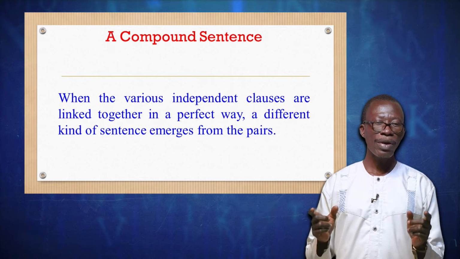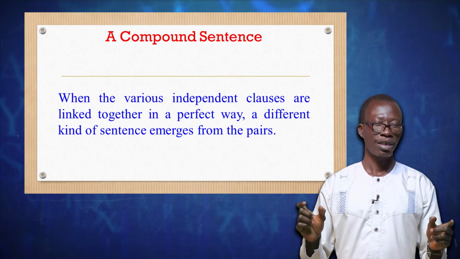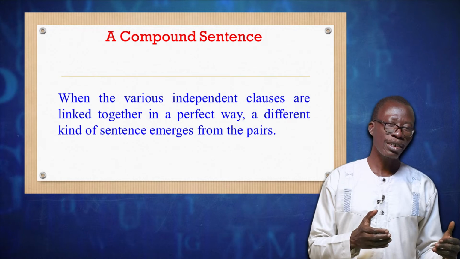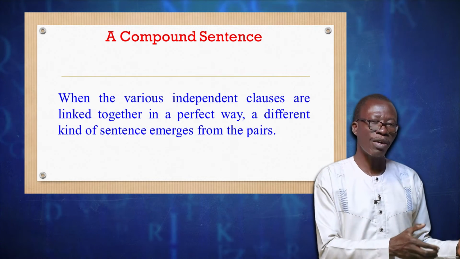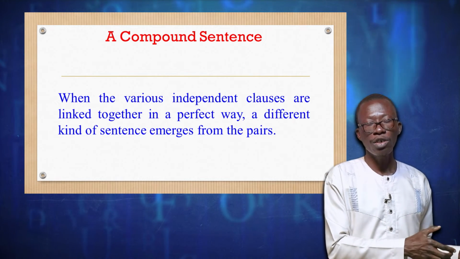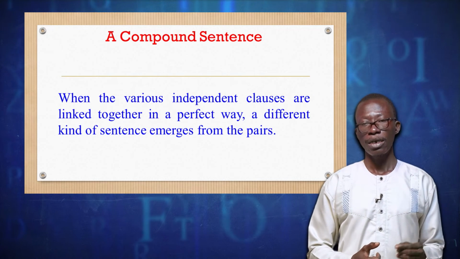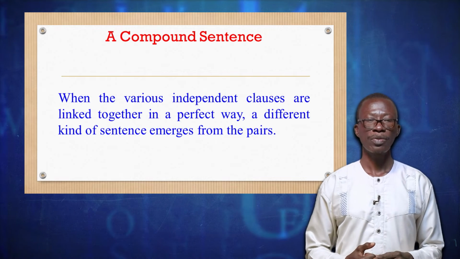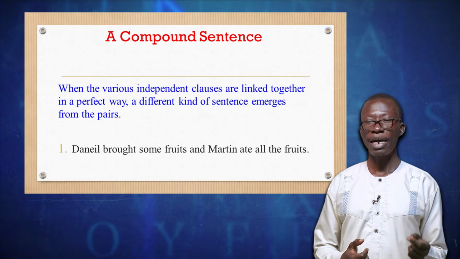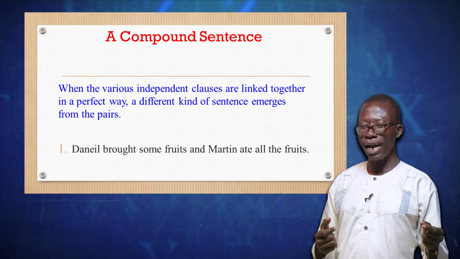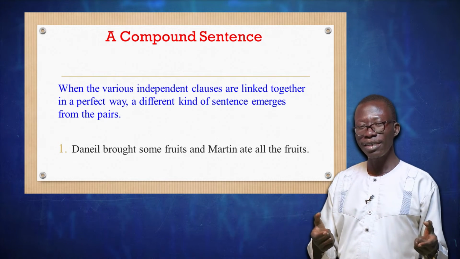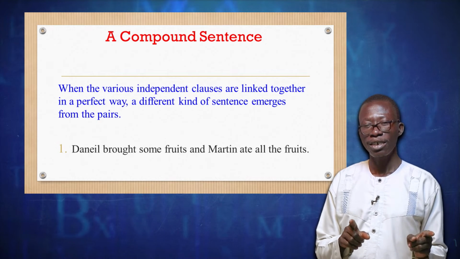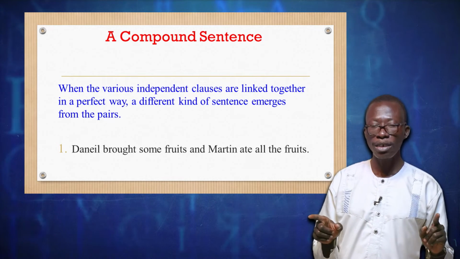And we realize that when we have these sentences, the meaning we get is different from when each sentence from the various pairs stood on their own. What we are saying is that, let's take sentence 1 for example. Daniel brought some fruits and Martin ate all the fruits. We realize the meaning it gives is completely different from the individual statements from the pair.